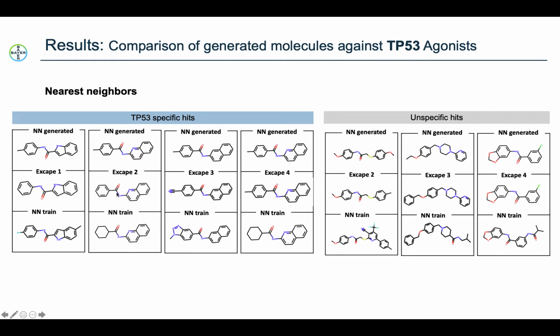As you can see, for all the 4 agonists, but also for the unspecific hits, we have very similar molecules in the training set to the ESCAPE agonist. Thinking about it, this is not necessarily a bad thing. This just shows that the model was able to learn relationships between phenotype and chemical structure in the training set, and then the model is doing a good job interpolating between molecules in the training set.